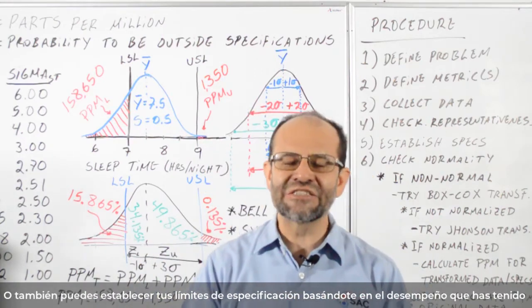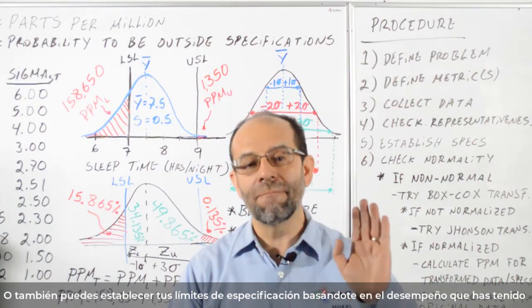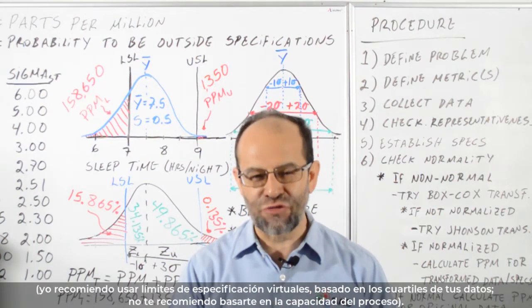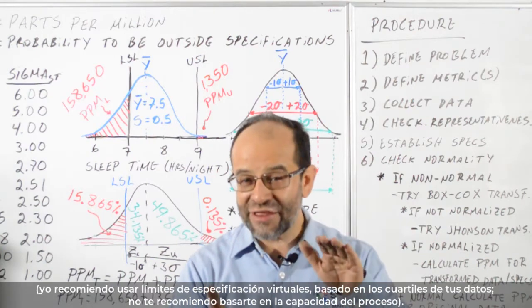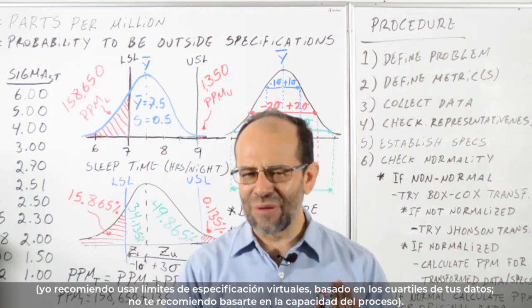Or also you can establish your specification limits based on the performance that you have had. I recommend to use virtual specification limits based on the quartiles of your data. I don't recommend you to use at all limits based on the process capability.